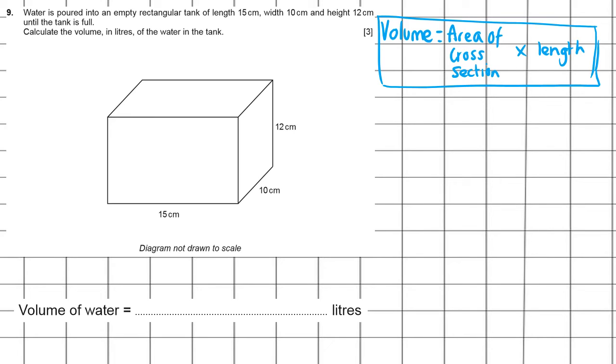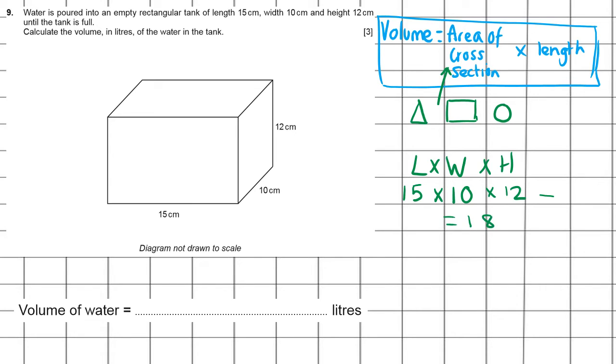So, what do we mean by area of cross section? That just basically means the flat 2D shape, whatever shape that may be. So we've got a rectangle here, so the area for a rectangle is length times width, yeah? And we times by height. So we got a length of 15 times width 10 and then times height 12. And that gives us 1,800 centimeters cubed for volume.